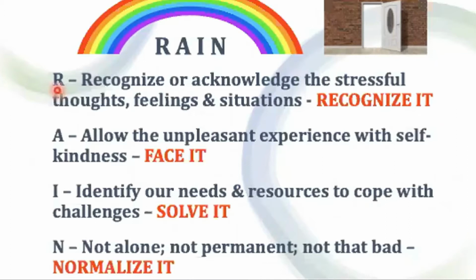R stands for recognize or acknowledge the stressful thoughts, feelings, and situation. In short, recognize it. Open the door, recognize it. A is allow the unpleasant experience with self-kindness. Face the unpleasant feelings, thoughts, sensation with the MindFulGym tools.